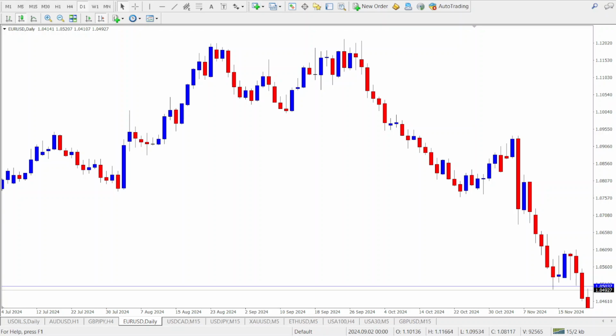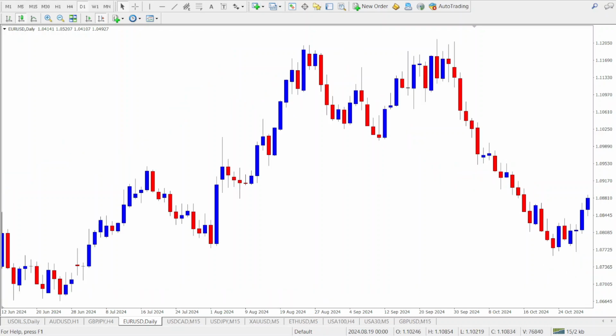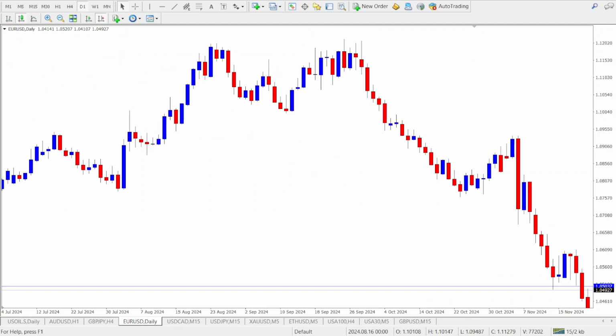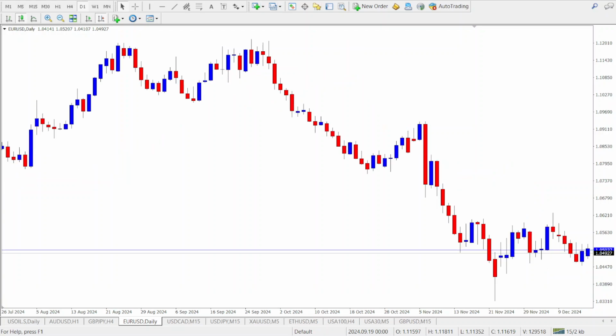Now that we understand why these candles are important, let's quickly talk about how to actually spot them. The first step is to look for large candles with long bodies. You can just go to your chart and find large candles with long bodies. For example, this is a large candle with a long body. This is a large candle with a long body. The first thing you notice with institutional candles is that they have large bodies.